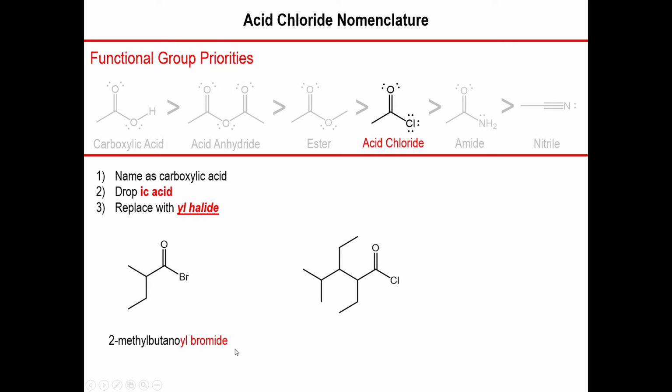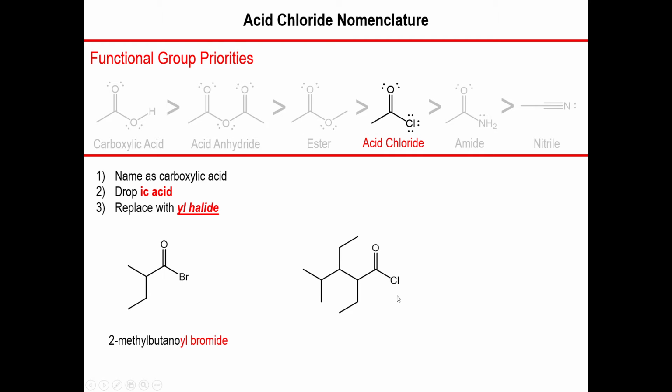Okay, here comes another example. Same idea. We go for the longest chain that has the most substituents. So that will be the chain going literally from right to left. So that will be 1, 2, 3, 4, and 5 carbons long. So we're looking at a pentanoic acid derivative, right?